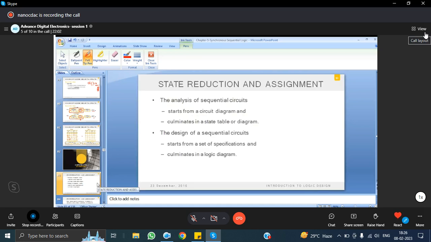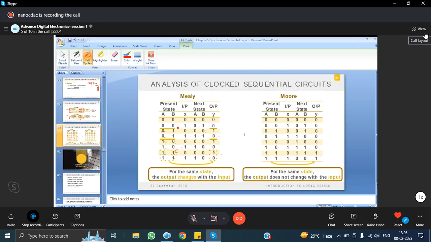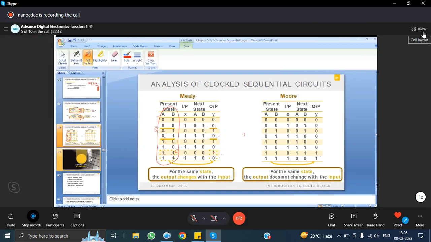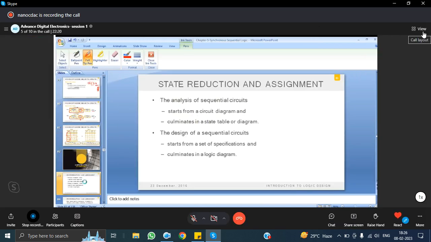So we'll try to minimize the states. Tell me how many states there are: 8 states, with 4 different inputs, total 8 present states we are writing, and we are writing 8 outputs and 8 next states. So now we'll try to reduce the number of states.